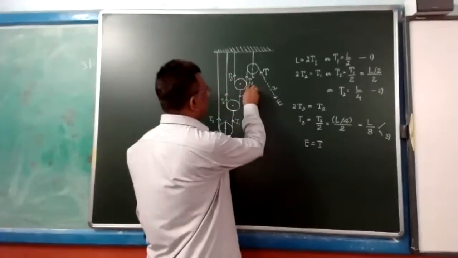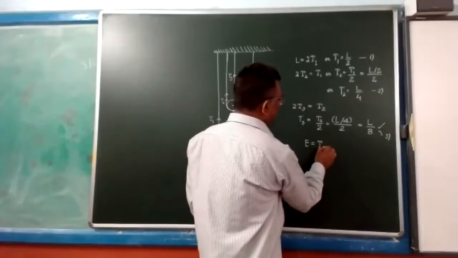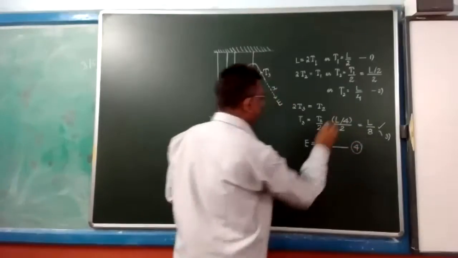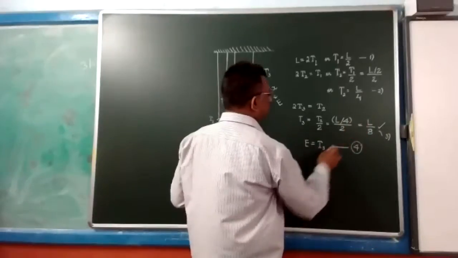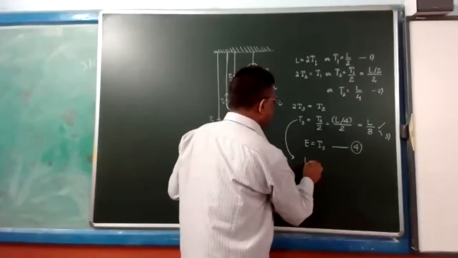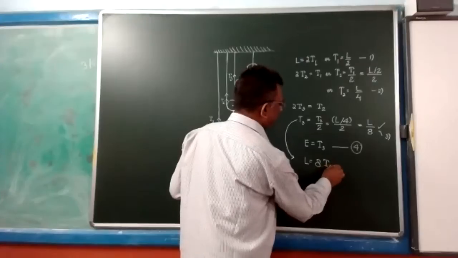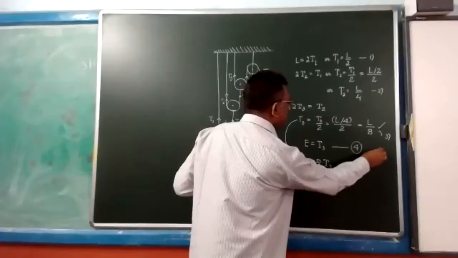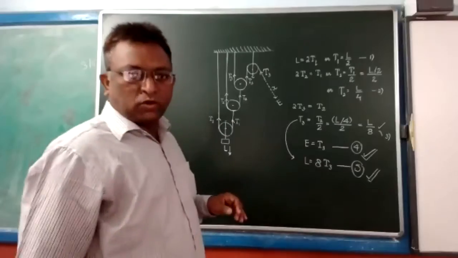Because I have written T3 upward here, E equal to T3. This is equation number 4. Clear? So this can be simplified as load equal to 8 into T3.